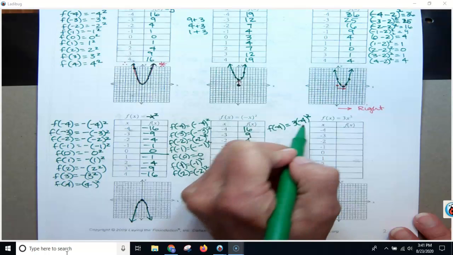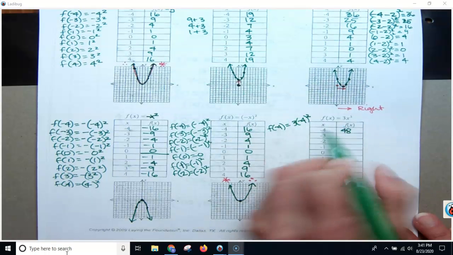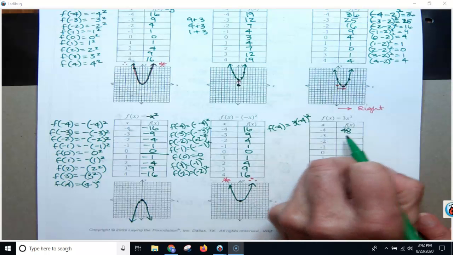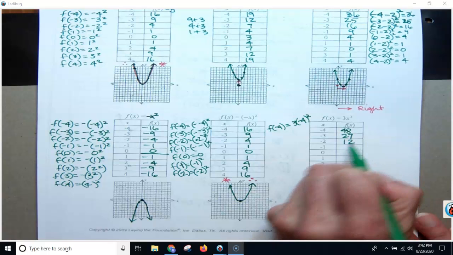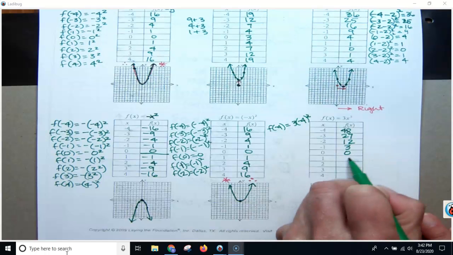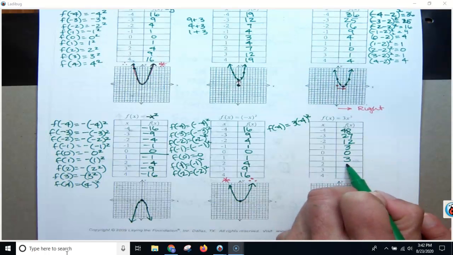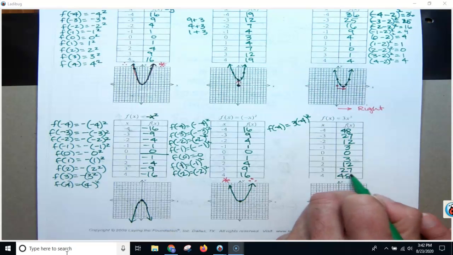We're squaring first, so this would be 3 times 16, which is 48. 3 times 9, which is 27. 3 times 4, which is 12. 3 times 1, which is 3. 3 times 0 is 0. 3 times 1 squared is 3. 3 times 2 squared, which is 3 times 4, which is 12. 3 times 3 squared, which is 27. And 3 times 4 squared, which is 48.